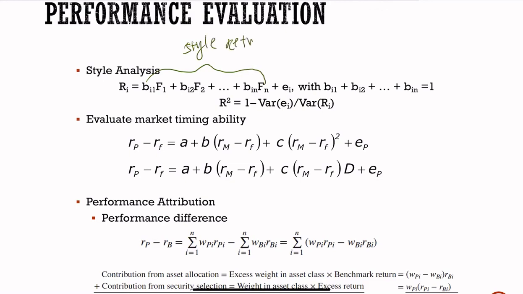It's actually a bad name. Maybe a better name is returns due to exposure to style portfolios. But let's just make it simple. Call this style return. And then this is the return due to asset allocation or security selection.